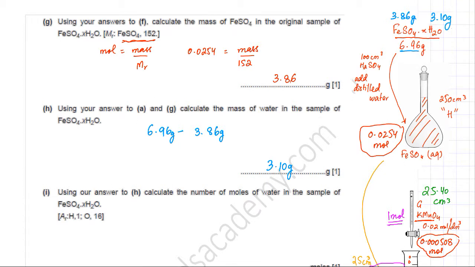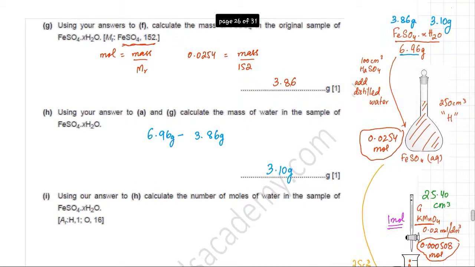Now in the next part, we're doing part I. Using your answers to H, calculate the number of moles of water in the sample. So we know the mass of water. Moles is equal to mass divided by the molar mass. So the mass is 3.10 grams. You have 3.1 grams of water, and I'm going to divide it by the molar mass of water, which is going to be 1 plus 1, that's 2 hydrogens, plus 1 oxygen, so that's 16.